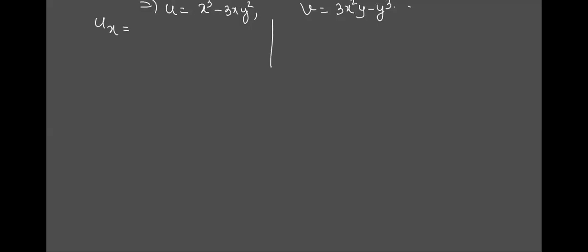What is the derivative of x cube? 3x square. Minus 3y square, both are constant here in the second term, so remaining there is x. The derivative of x with respect to x is 1. Altogether it is 3x square minus 3y square.